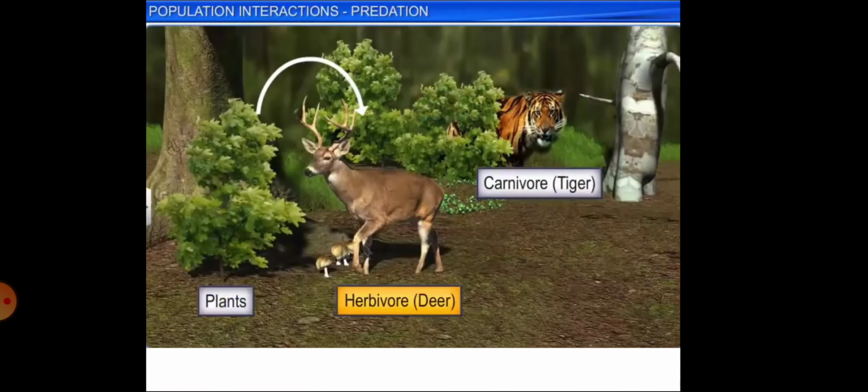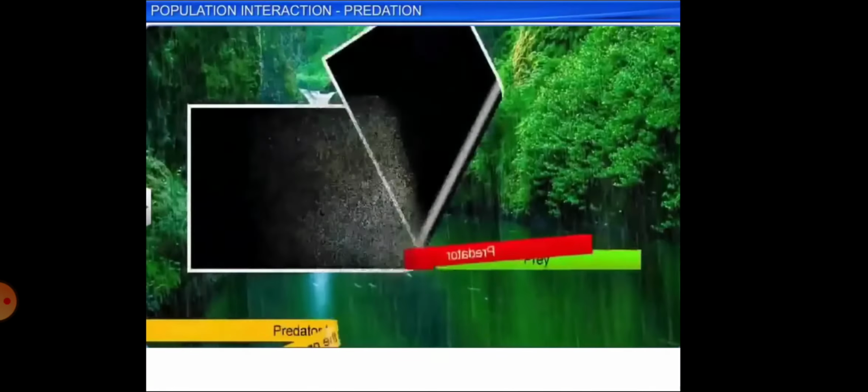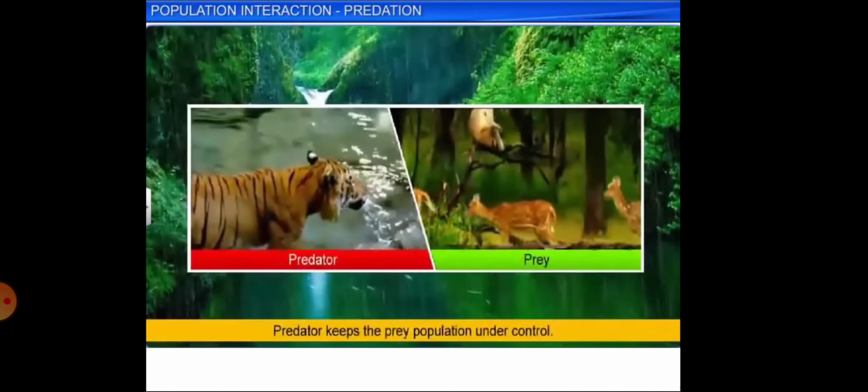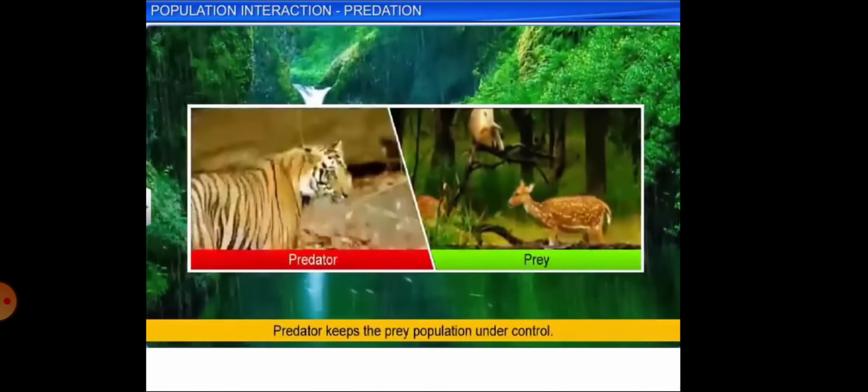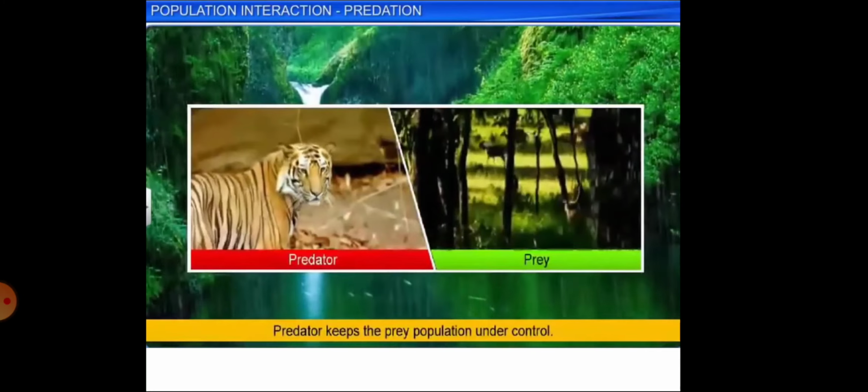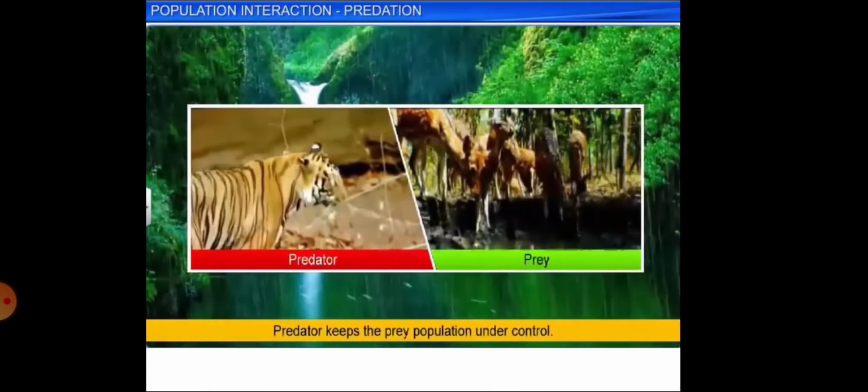In fact, predation helps in the transfer of energy from one trophic level to another. Apart from functioning as conduits for energy transfer, predators also help to keep prey populations under control.